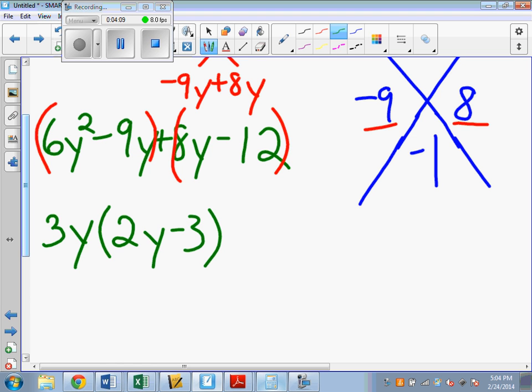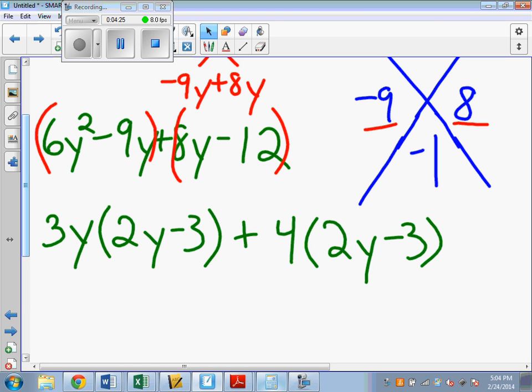Now I'm going to do the same thing with my 8y and negative 12. Their greatest common factor is 4, and when I factor out a 4, I am left with 2y minus 3. This ends up being convenient, because I have both 3y and 4 being multiplied by 2y minus 3.